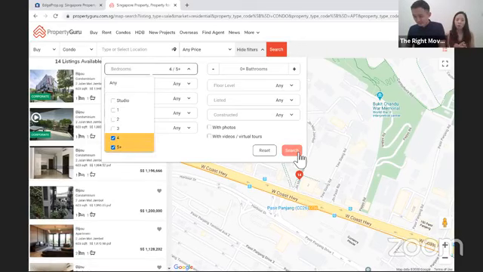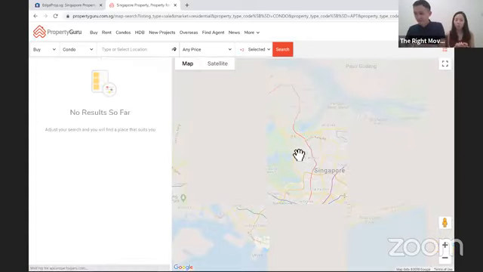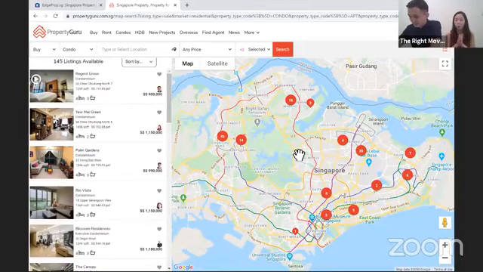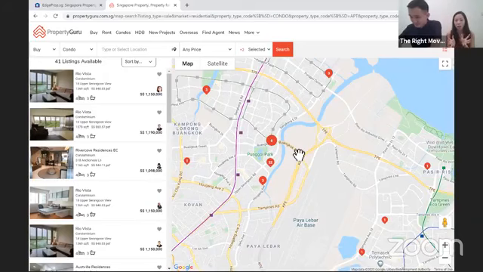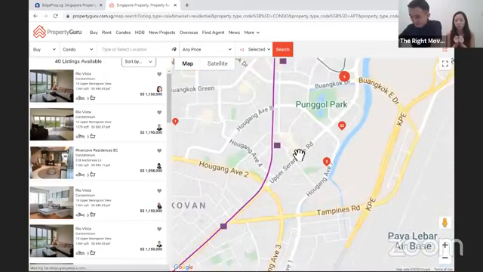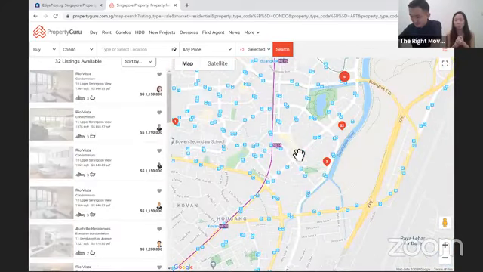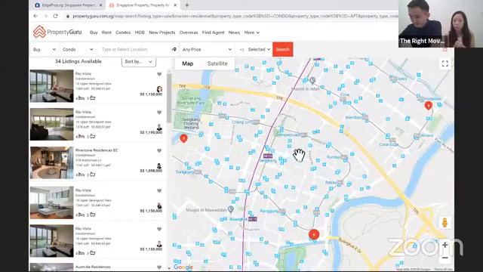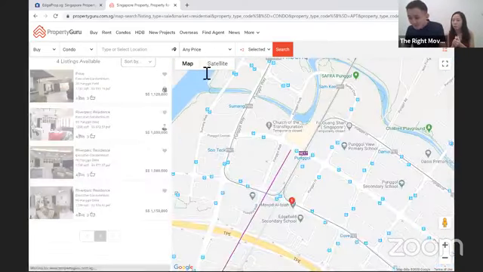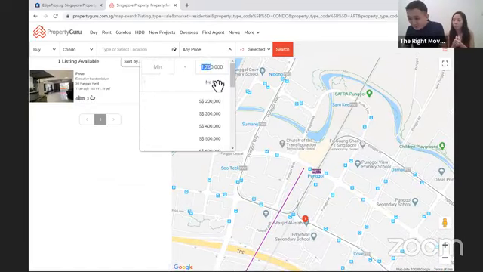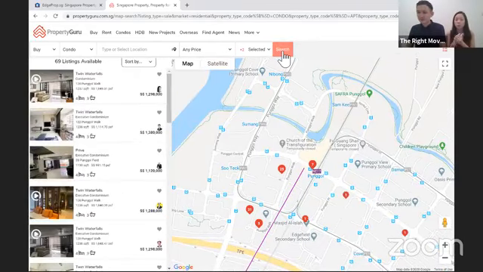And if you recall just now, we identified Punggol, Sengkang, and Tampines as the 3 largest towns for upgrader demand. So over here on PropertyGuru, we have filtered for units of 4 and 5 bedrooms.